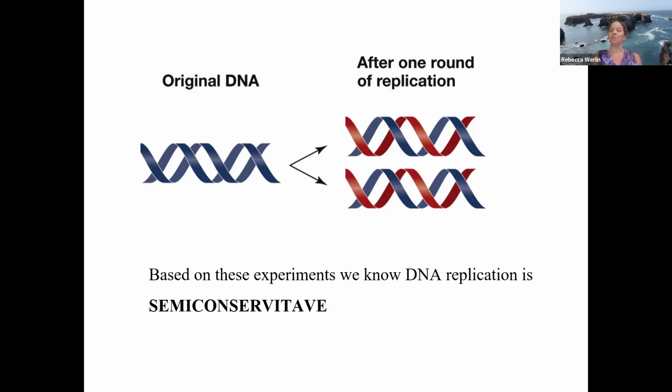And here you can see the original DNA in blue is being separated, and now we have new DNA in red that has been synthesized off the template, which is blue. Because one new strand is generated from one old strand, it's semi-conservative in that one old strand is conserved and one new strand is made.